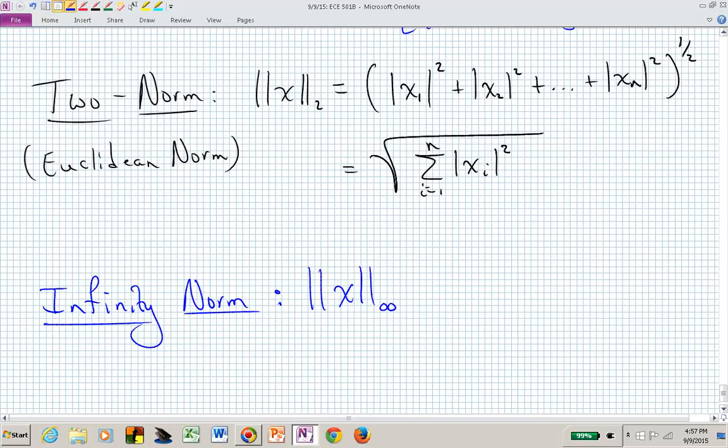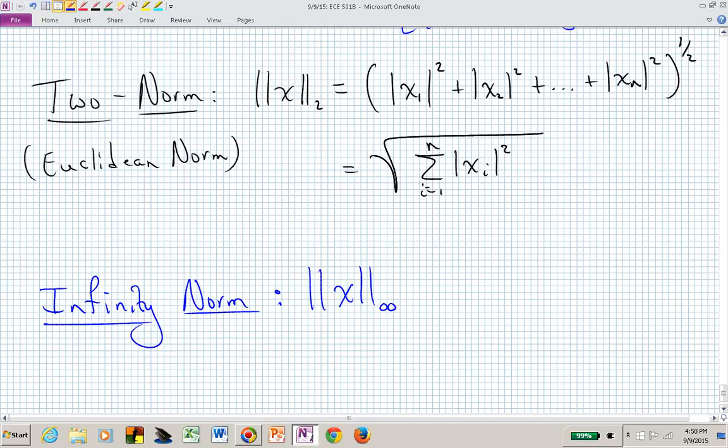If you take this idea of the 1 norm, 2 norm, 3 norm, 4 norm, what's going to start falling out if you think about what happens in the limit? Now you're taking each of these coordinates or components of your vector and raising it to a really, really, really big power. What happens to the relationship among those coordinates?